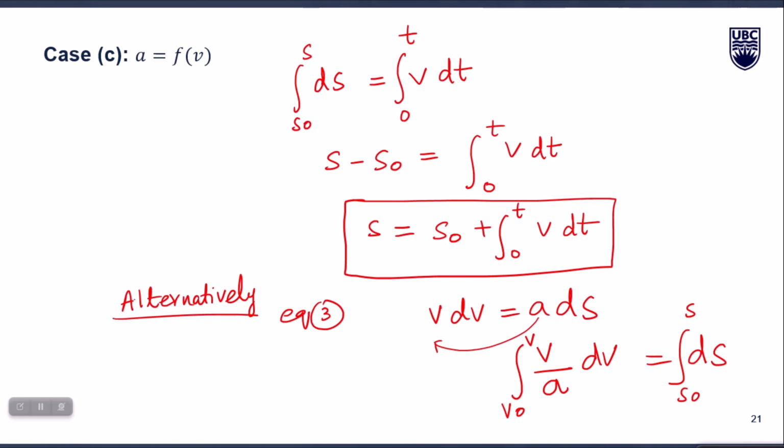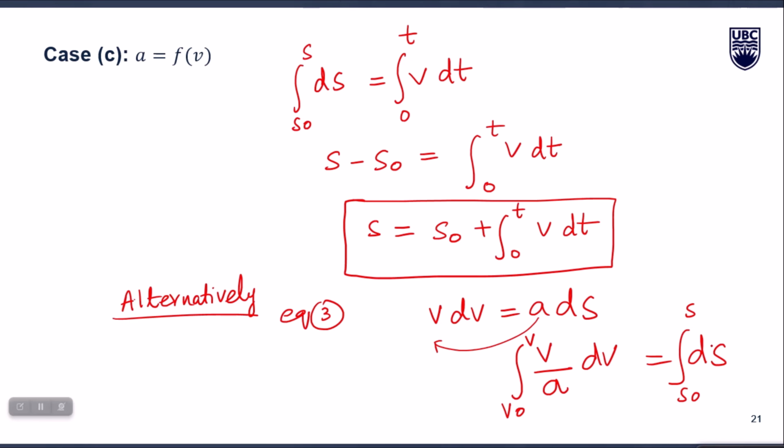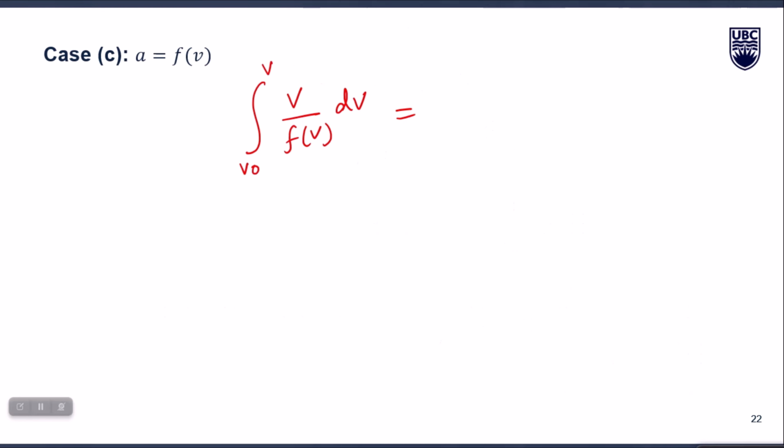And you can analytically solve that integral depending upon what function is given to you, and then when you solve that integral it will become integral of v over f of v dv from v naught to v, and on the right hand side you will be simply having s minus s naught, and s can be finally expressed as s naught plus this integral of v over f of v dv from v naught to v, right?